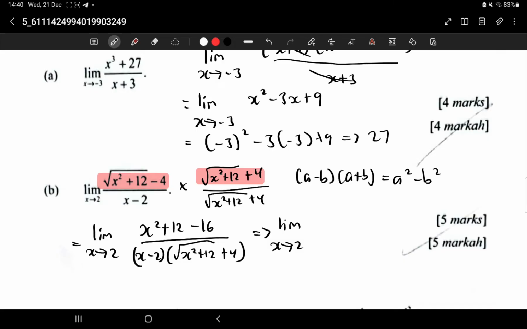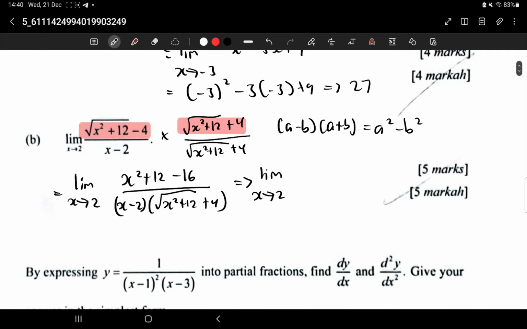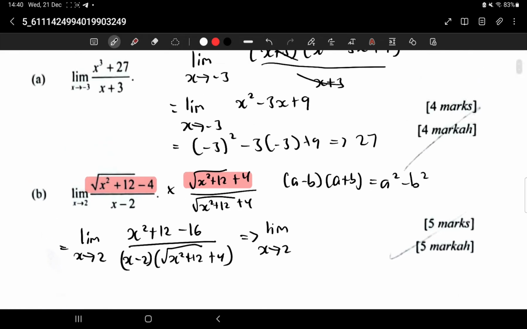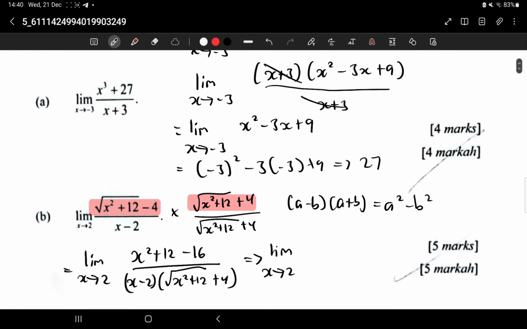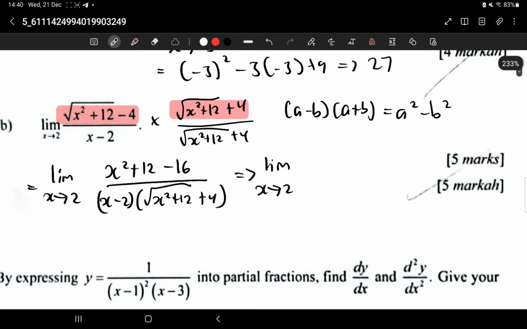Basically, I'm just scribbling the solution, but hopefully, based on it, you could have the idea on how to solve it. So in the numerator, x squared minus 4, divided by x minus 2 and then square root of x squared plus 12 plus 4.